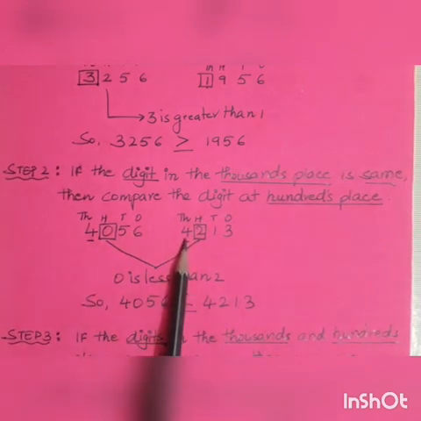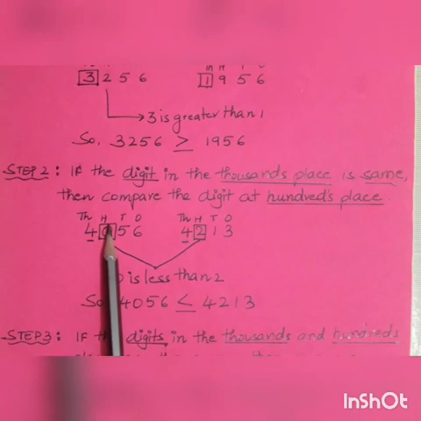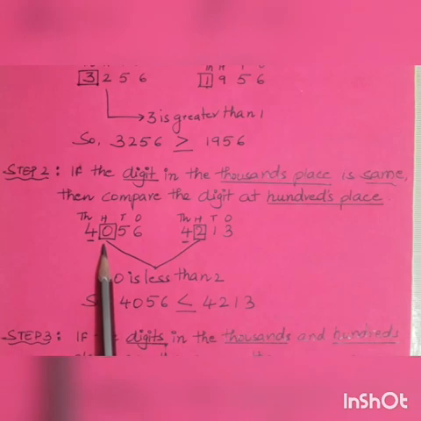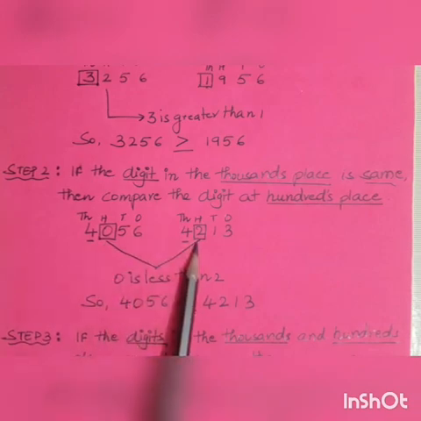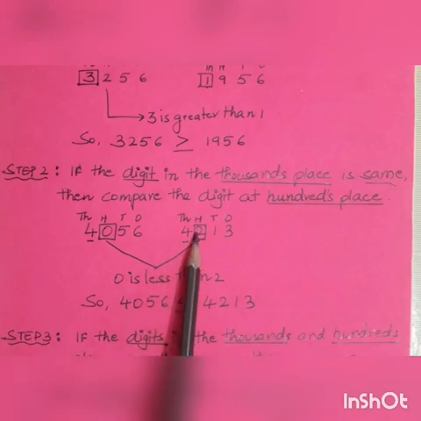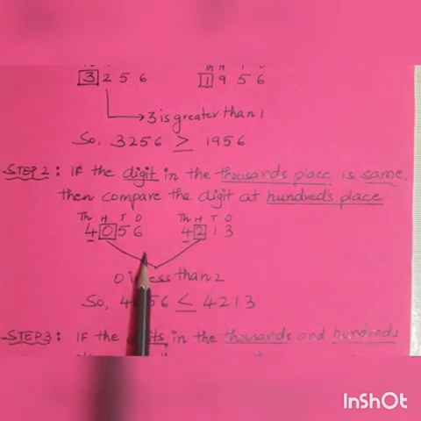So we are unable to find out which is the greater number and which is the smaller one. Now come to the next place, that is the hundreds place. Here in 4056, the digit at hundreds place is 0, whereas in 4213, the digit at hundreds place is 2. We know that 0 is less than 2, so we can say that 4213 is greater than 4056.